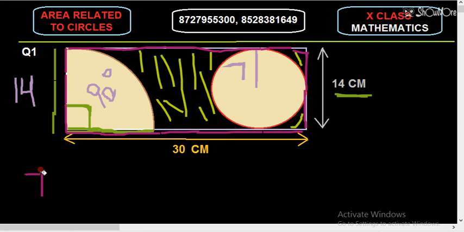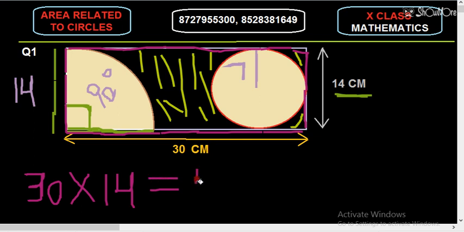So 30 into 14, this is the area of my given rectangle. So this is equal to 420 centimeter square. I am repeating, 420 centimeter square is the area of this rectangle.